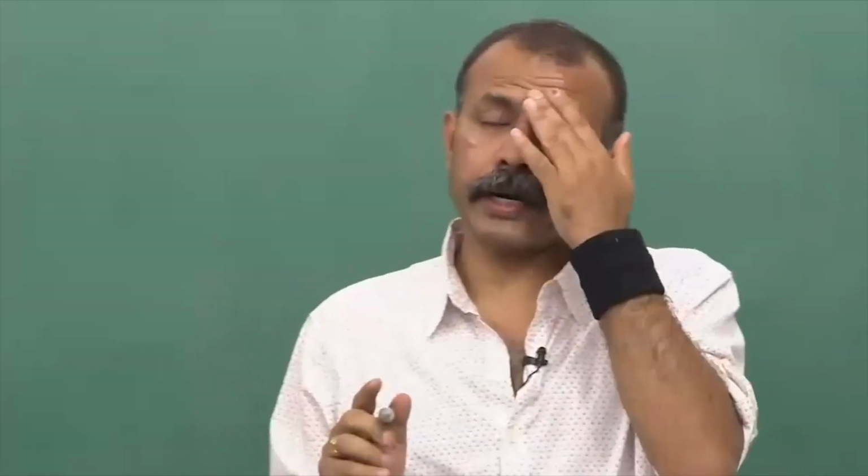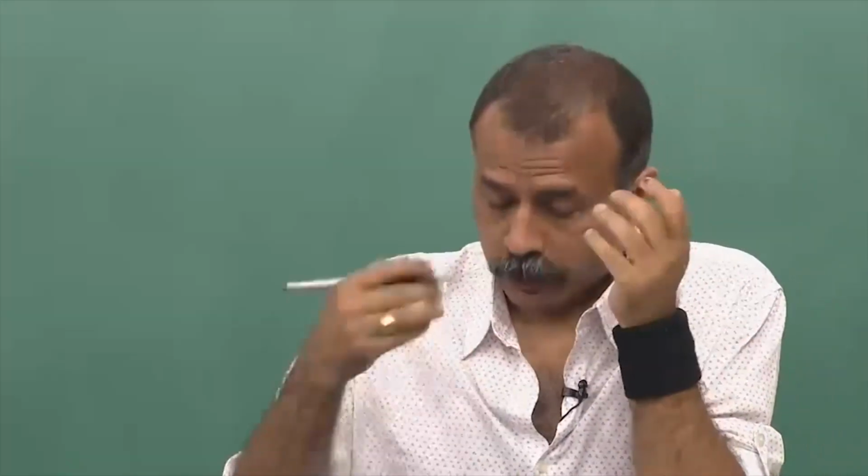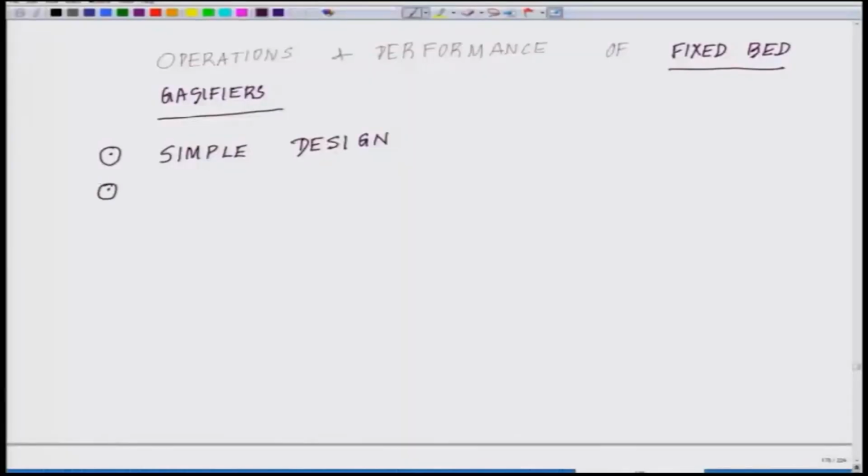So, it is a very simple design and easy to develop and easy to work and do a lot of research on these kind of things, as well as for the production unit. This is the first property. Second, generally these kind of fixed bed gasifier gives you low, this downward arrow indicates low calorific value of gas. And they have higher concentration of tar.